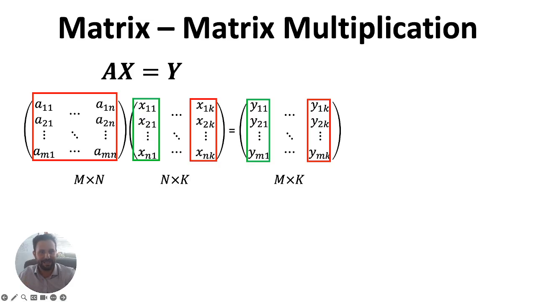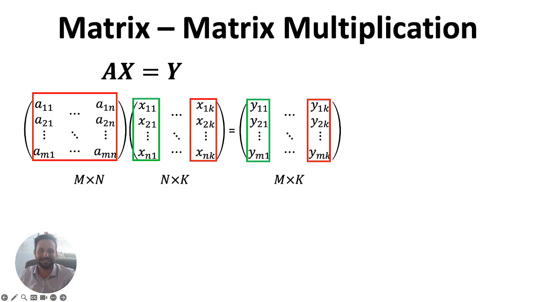One other thing that I would like to mention, since I discussed how these things need to sit next to each other and how the columns should match, how the rows should match, and so on. One thing that could be misinterpreted by looking at this very naive looking equation, X equals Y, is thinking it's very similar to the scalar multiplication that we learned in middle school, elementary school.